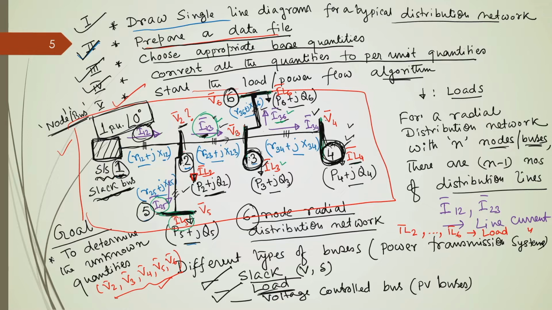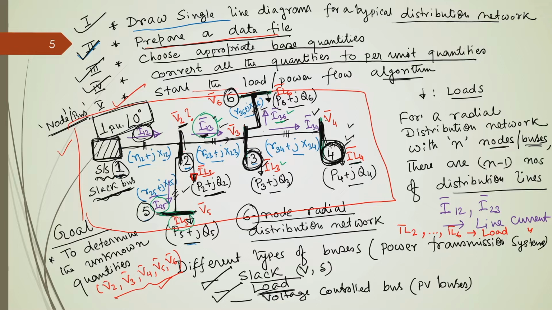Then we go to the next line, which is connecting node 2 to node 3. I know the updated voltage of node 2, so I can calculate the node 3 voltage simply by subtracting the line drop connecting node 2 to node 3. This line drop is I 2 3 multiplied by Z 2 3.